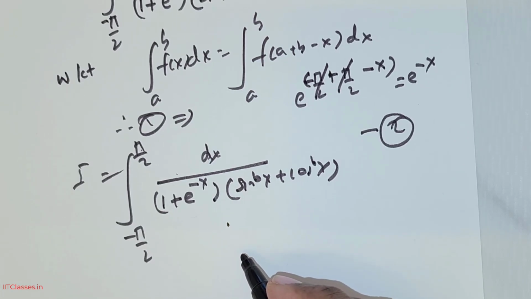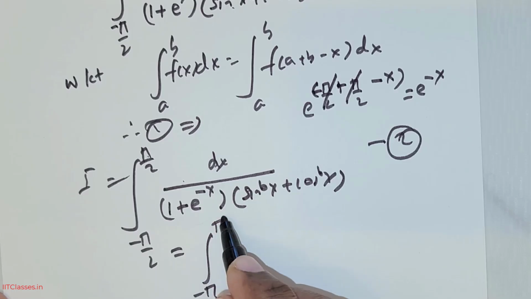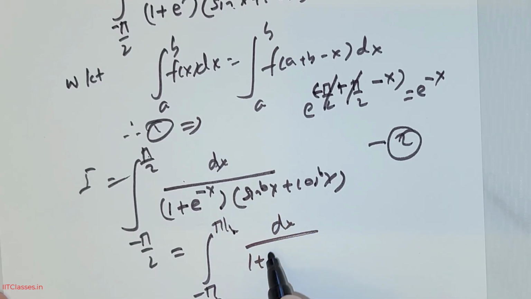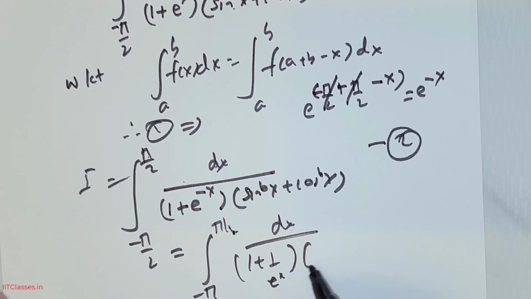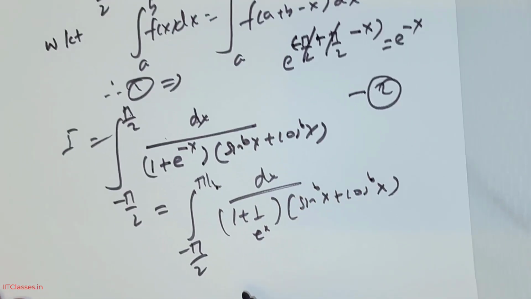If I were to do that, I will have to deal with this denominator. So let me get rid of that. So it's the integral from negative pi over 2 to pi over 2 dx over 1 plus 1 over e raised to the power of x times sine raised to the power of 6x plus cos raised to the power of 6x.